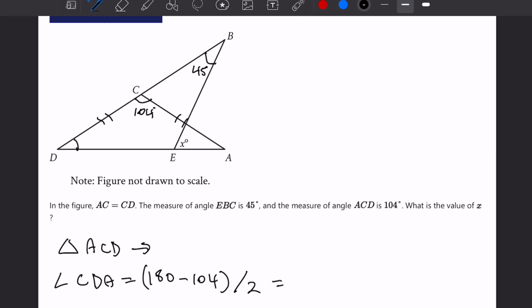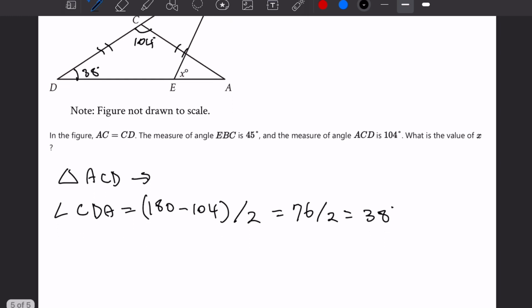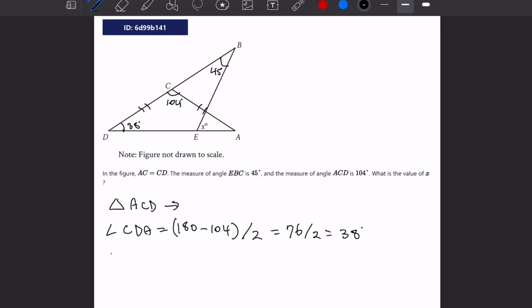And you could plug into a calculator or whatever, but you get 38 degrees. So we get 38 degrees.